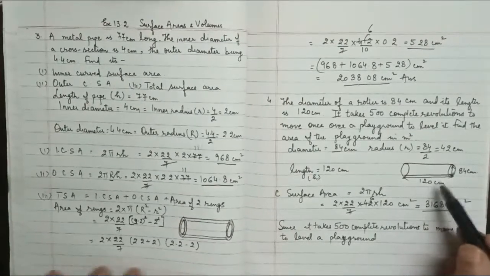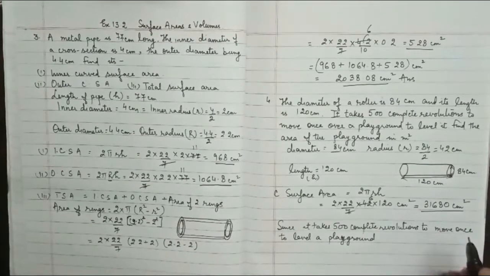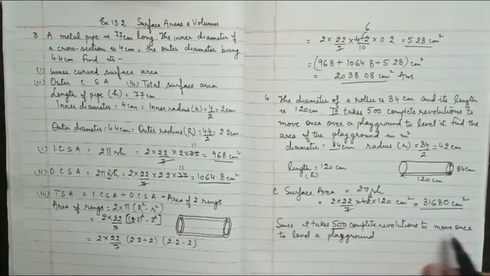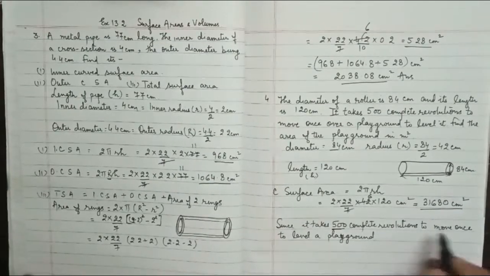It means when it moves once, the area covered is 31680 centimeter square, and it is given it takes 500 complete revolutions to level a playground.